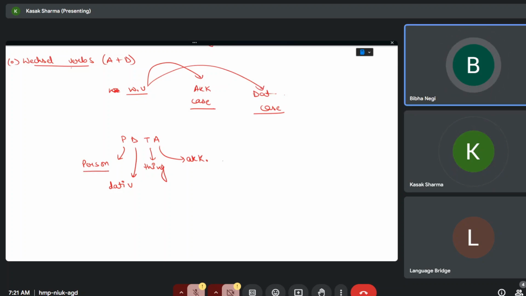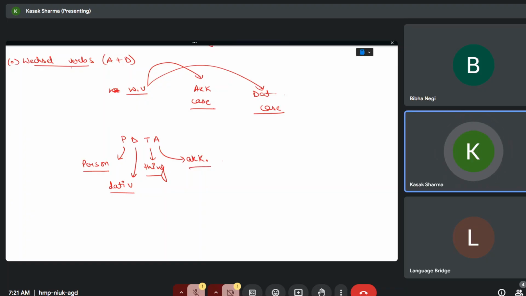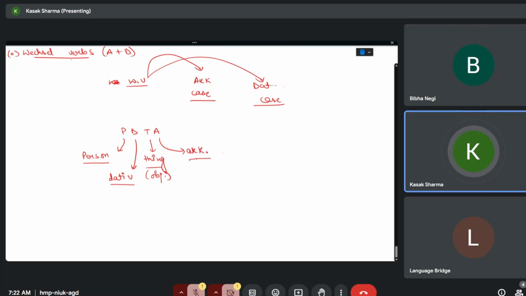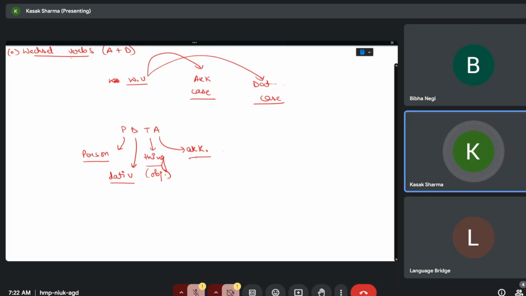We give dative case to the person in that particular sentence, and if there is anything like an object, we give that thing accusative case. Giving accusative or dative cases means changing the articles or the possessive pronoun, according to that particular table.